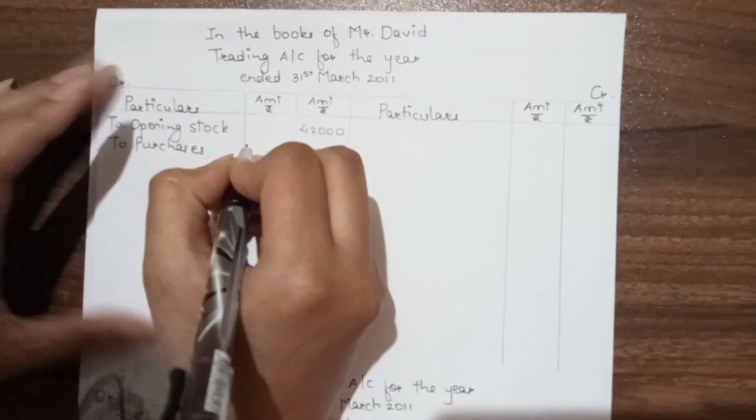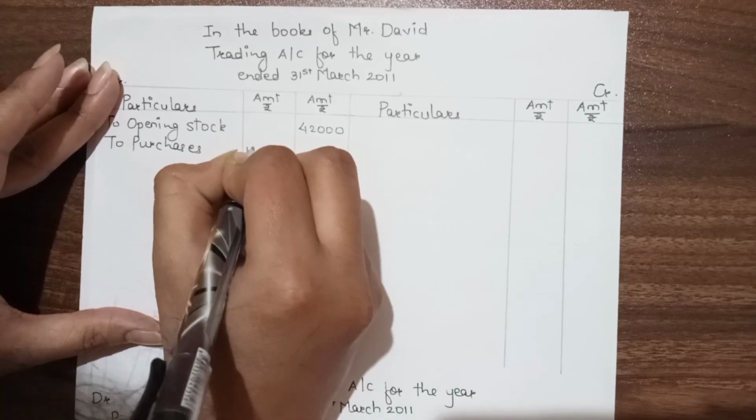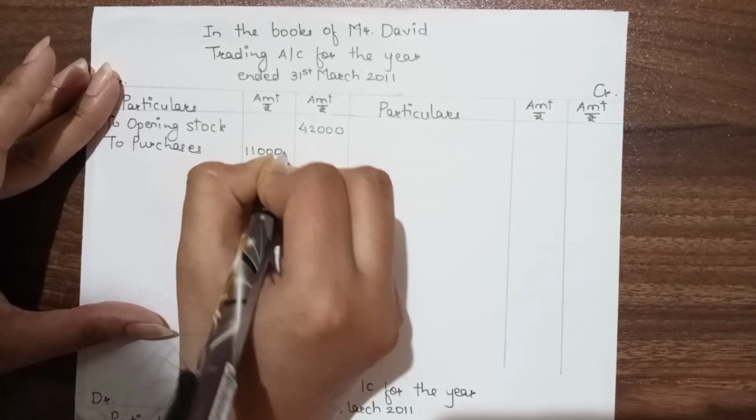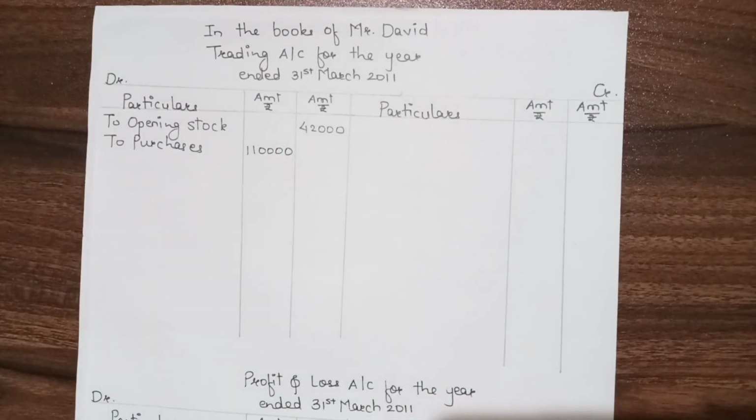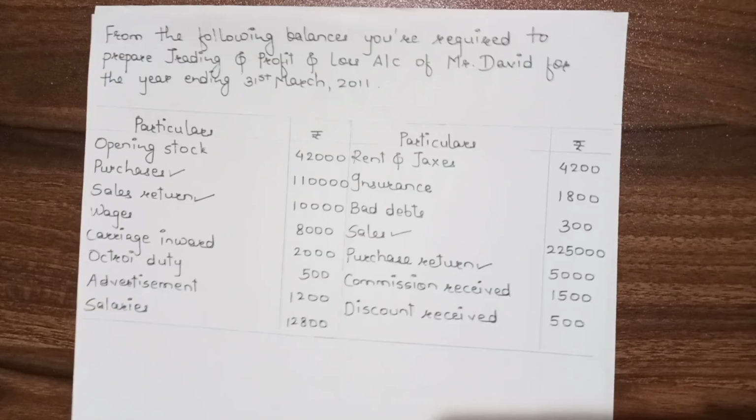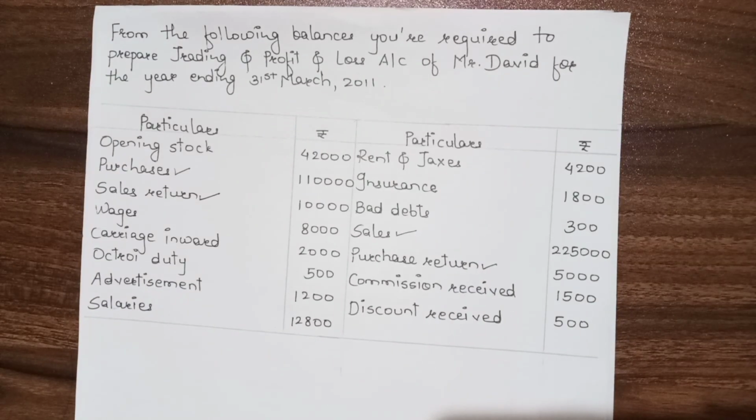So 42,000, 1,10,000, we are going to write down over here. As we have an adjustment on it, we are writing it in the inner column. Next one, sales return. This is an adjustment on sales, but we haven't come to the sales point yet, so we will keep it aside and move on to the next item, that is wages.